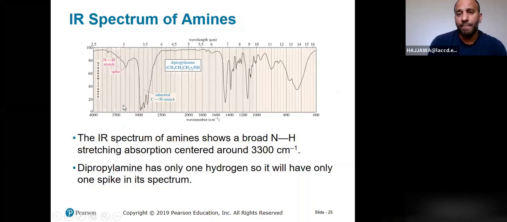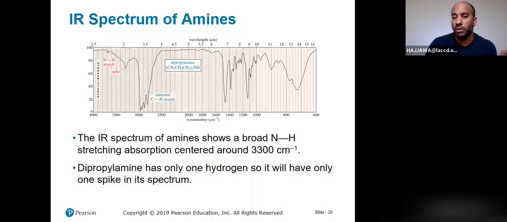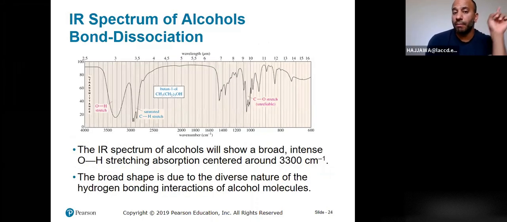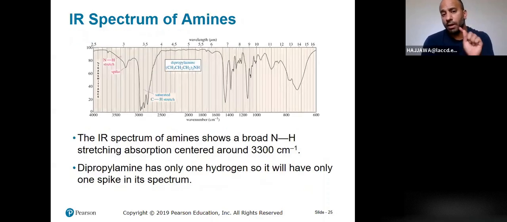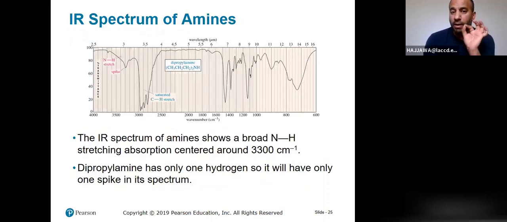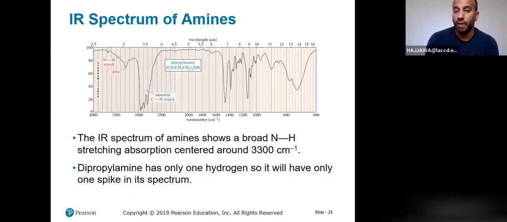Don't expect a tertiary amine, where it's an R3N and there's no hydrogen attached to the nitrogen, to have a spike. So once again, that's the difference between an amine and an alcohol. Alcohol will have a broad OH stretch, and the amine is going to have a little spike of that NH. If there are two, then you're going to expect to see two spikes.